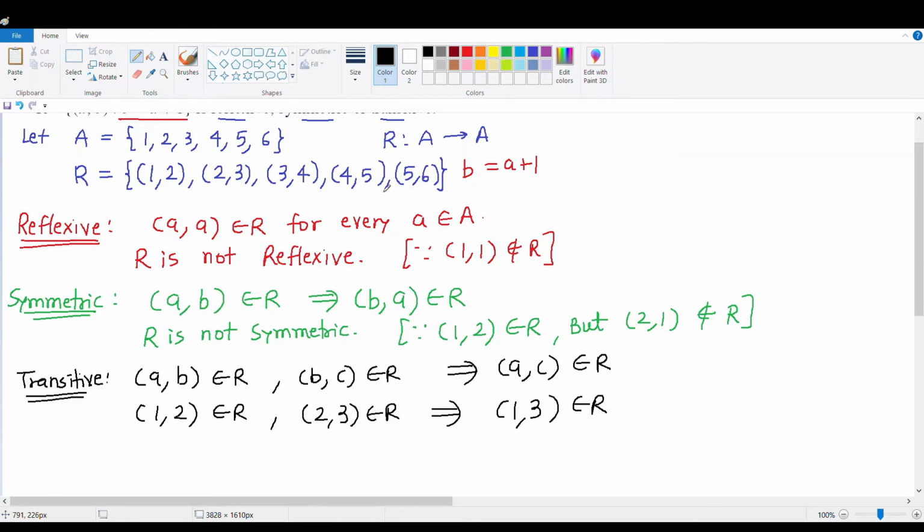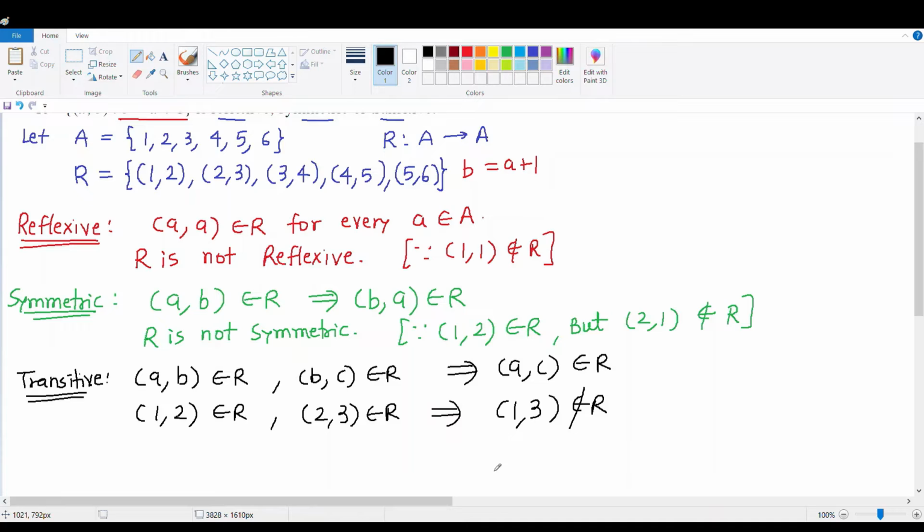Okay, we cannot see that. Why? Because our second number is exactly 1 bigger than the first number, and 3 is not just 1 bigger than 1. It is 2 bigger. So it won't be in this relation, because from this definition we cannot see the pair (1, 3).